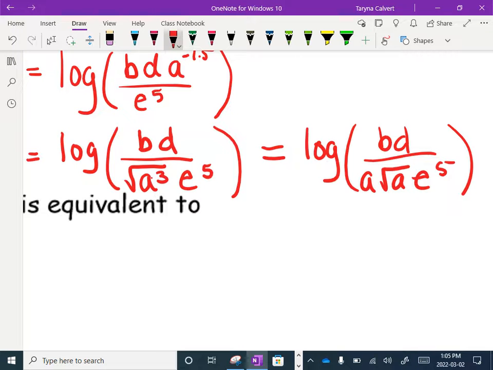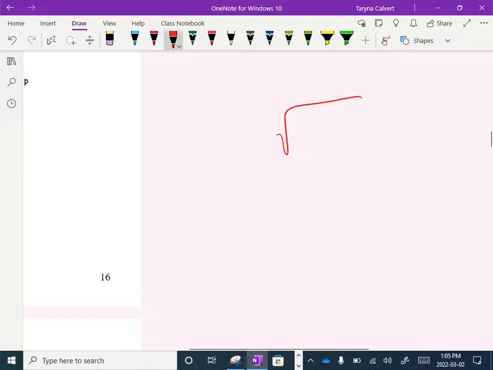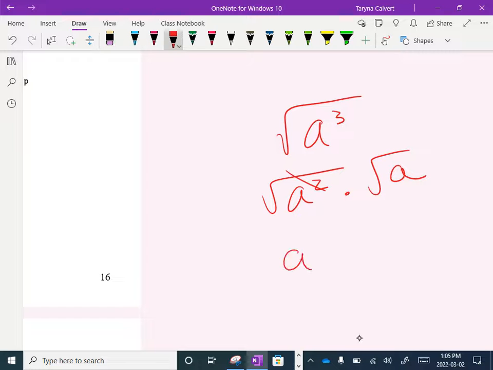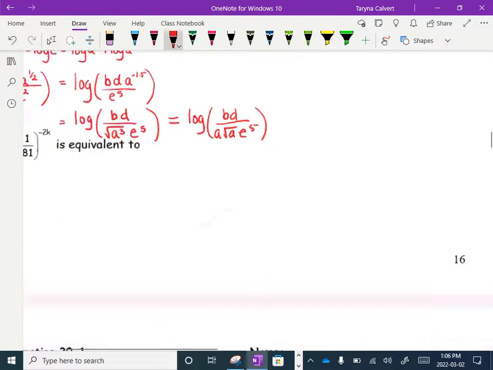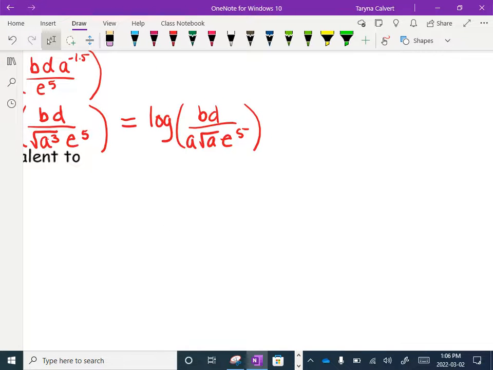So remember, when you are simplifying radicals with variables, a cubed is the same as a squared times a. That divides out or cancels out, so we're left with the simpler form. So yes, that is also an acceptable answer.